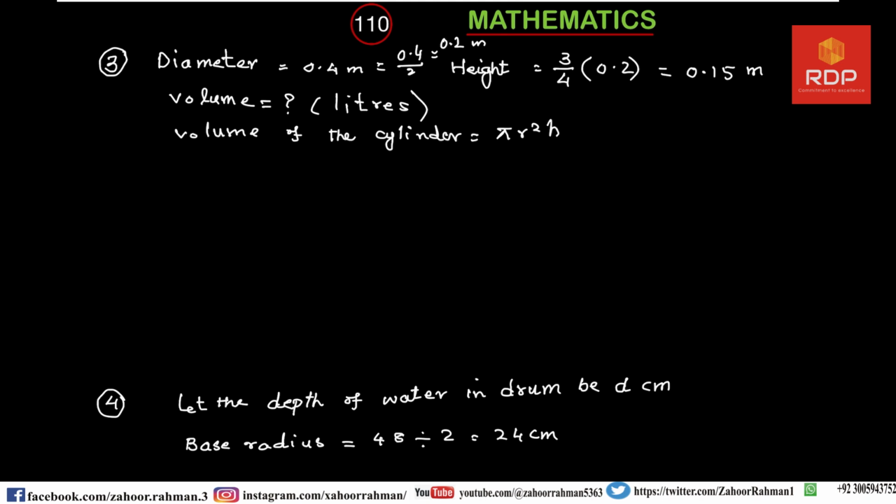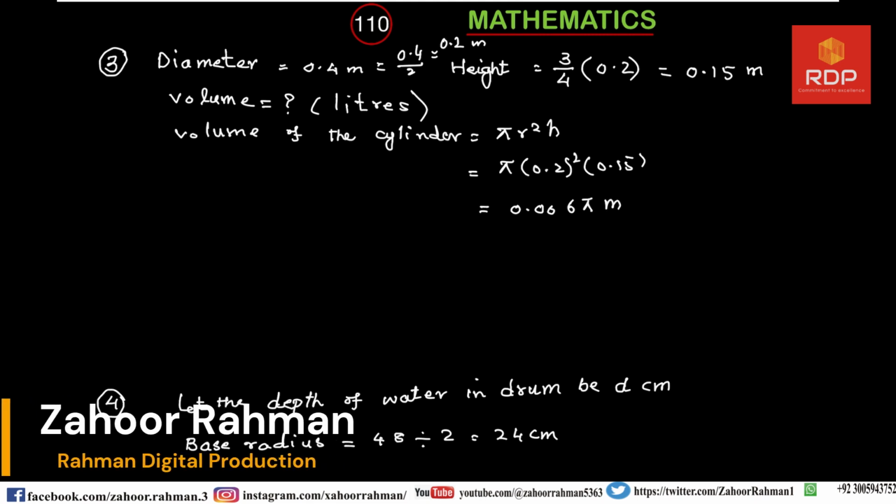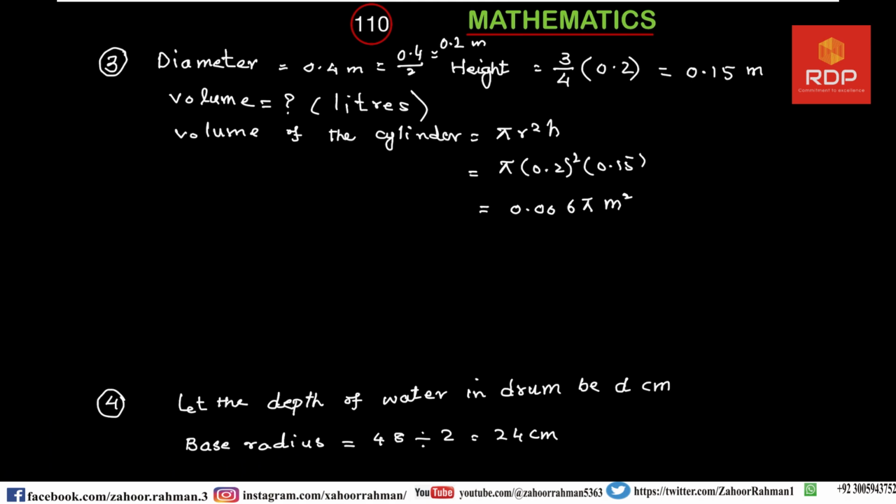Simply we have to put the values: pi into 0.2 whole square into 0.15, and we will get 0.006 pi meter cube. That will be meter cube.